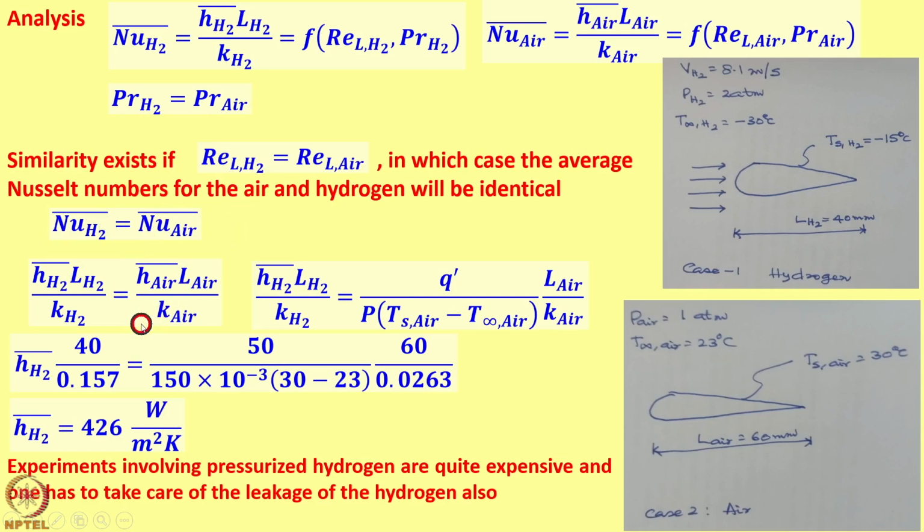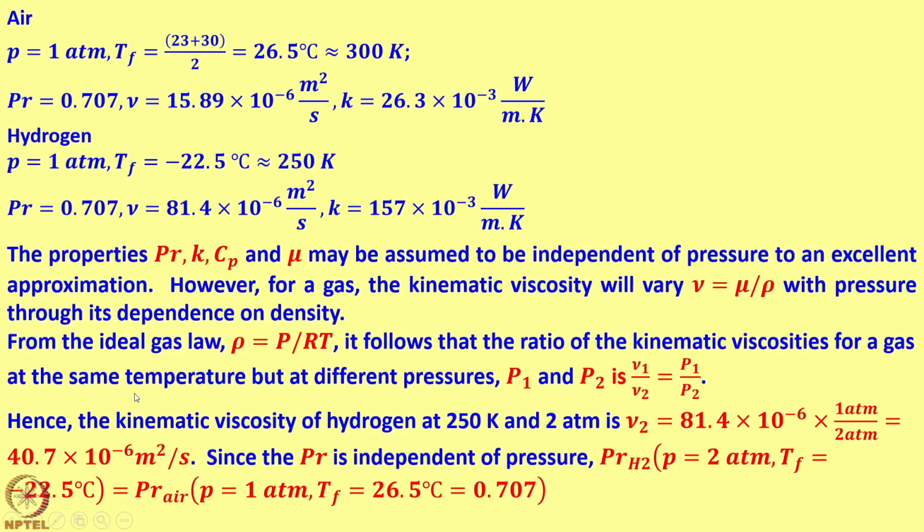So you can compute the h of hydrogen by doing experiments with air, because you have kept the Reynolds number and the Prandtl number for air and hydrogen same. That is how you could get the h of H2.